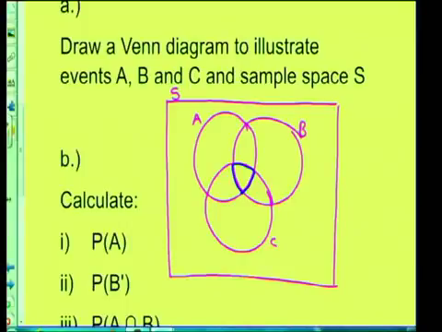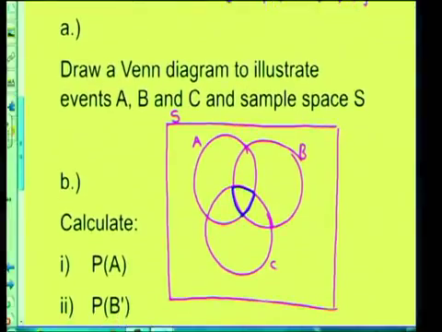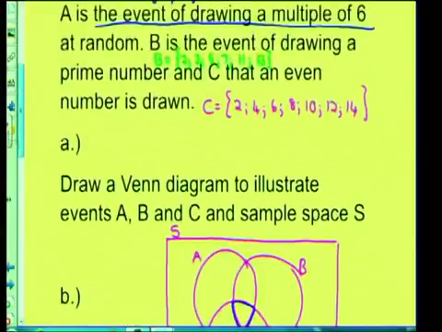Now we start. 1 was not any of those. It wasn't even, it wasn't prime, and it wasn't a multiple of 6. So 1 is outside. 2 is even and prime, and it's not a multiple of 6. Anything else that is even and prime?